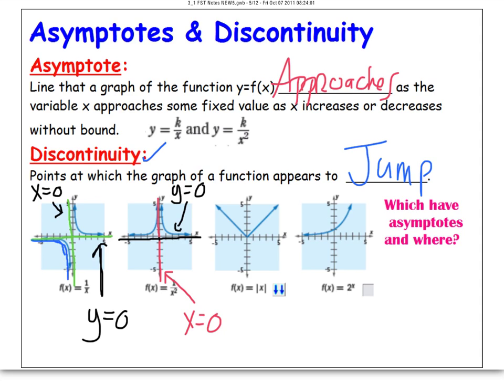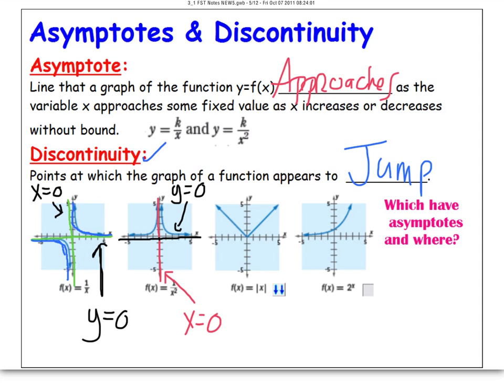When I get to the other side, I had to lift my pencil up and continue to draw. So there was a point of discontinuity. It happened when I hit the x value of 0. So when I got to this point, I had to lift my pencil off the paper. So the point of discontinuity happened at the actual vertical asymptote, so when x was 0.